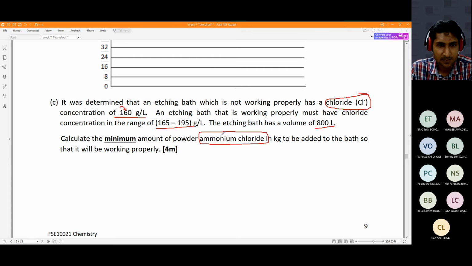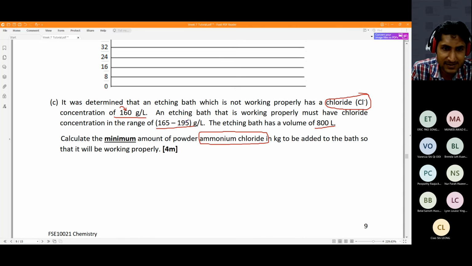The condition says the minimum amount of ammonium chloride powder I need. But the problem is given in chloride form. So we have 160 gram per liter in the system, but to work properly it needs 165 to 195. Between this range, it can be 170, 171, 179, 182. It must be within this range.